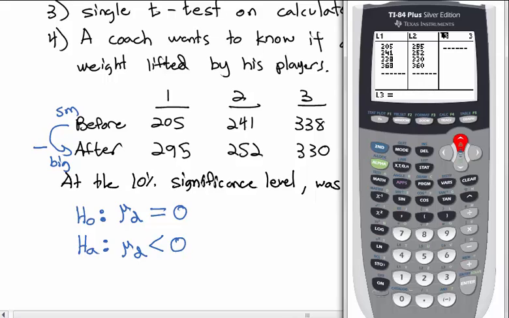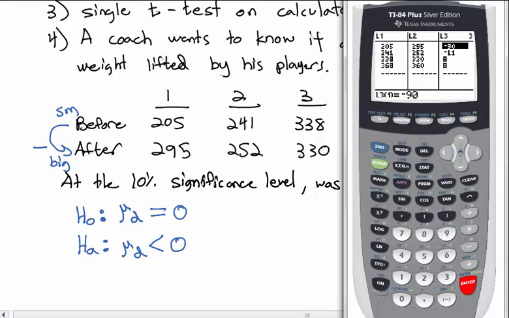To grab L1, we'll hit second, and number 1, we'll type in L1, minus second, and number 2, we'll type in L2. So we have L1 minus L2, and when I hit enter, it's going to fill in my chart with my data. The first one is negative 90, the second one negative 11, the third is 8, and the fourth is 8.